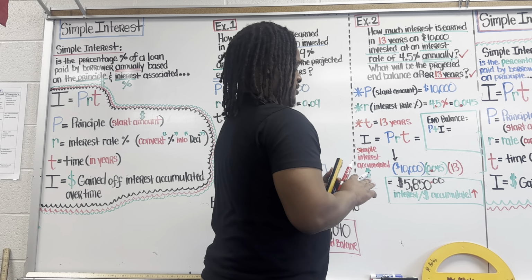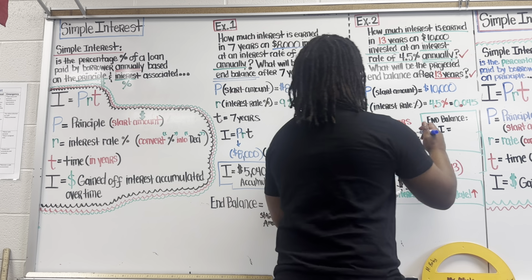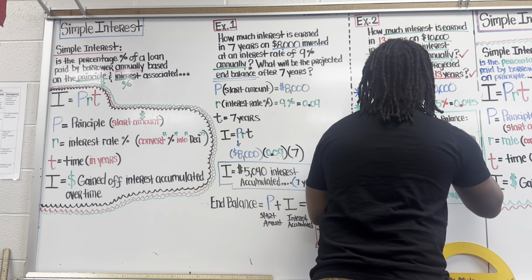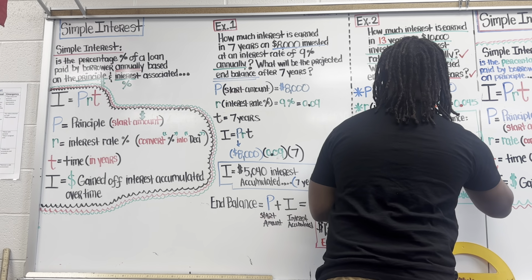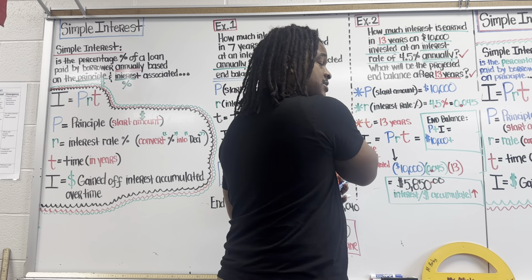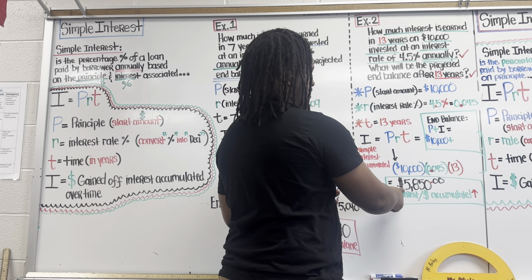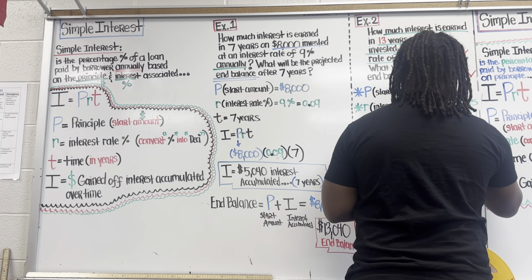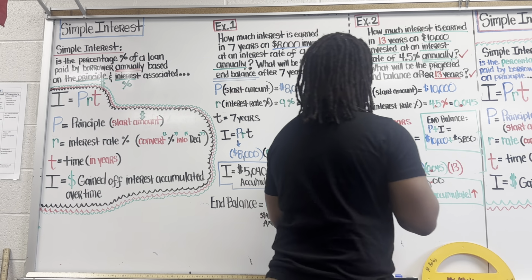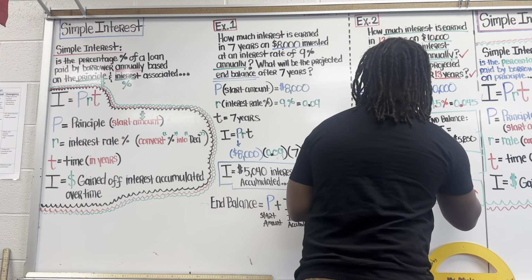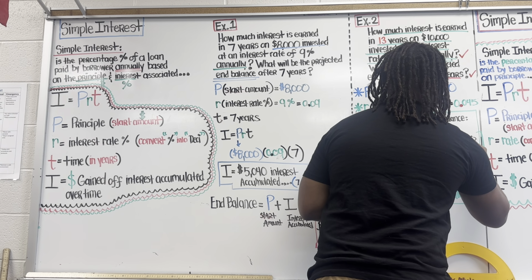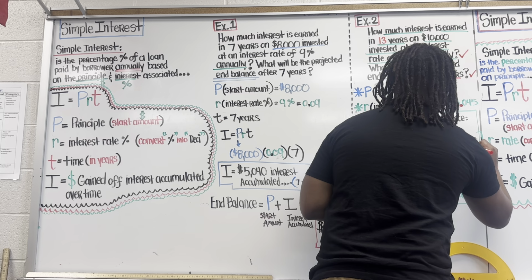Equal, that's it. So once again, the principal, remember we started off with $10,000, plus the simple interest that has added to the $10,000, which is $5,850. And that would equal $15,850.